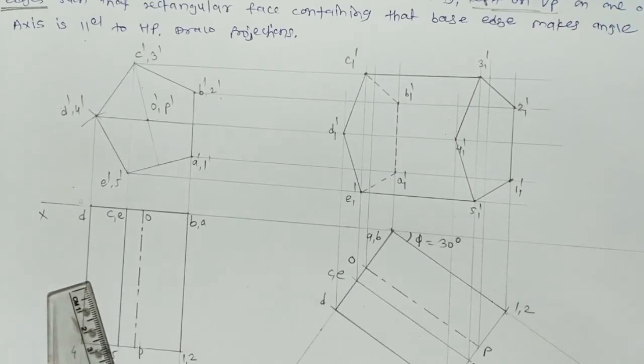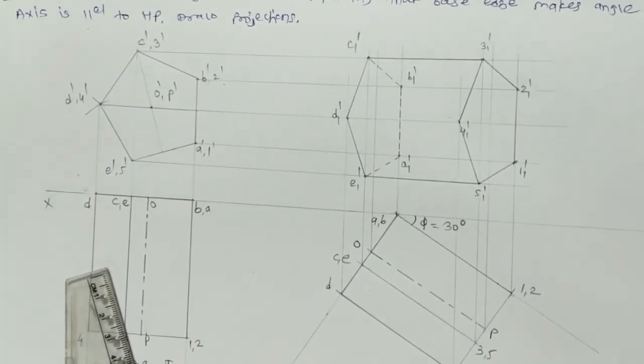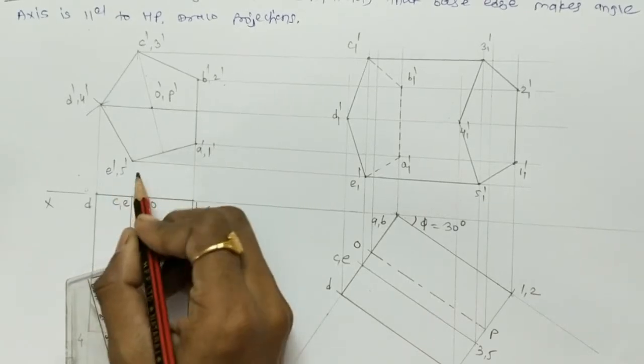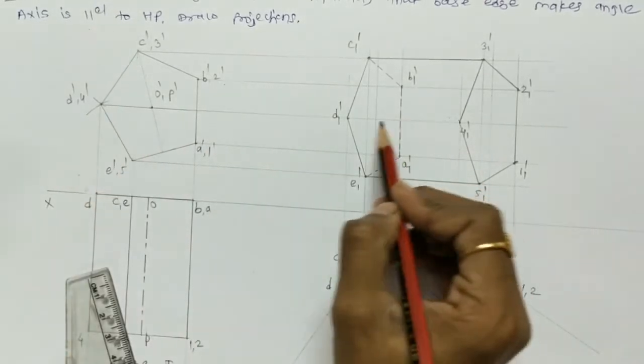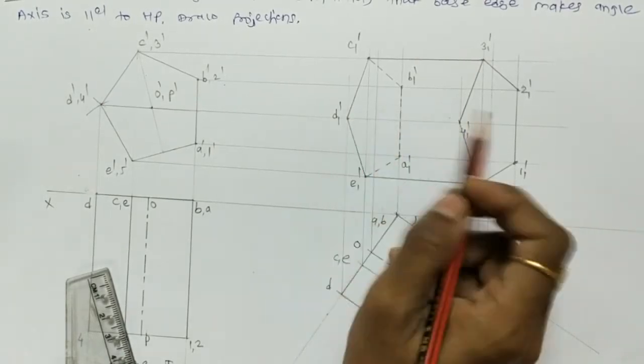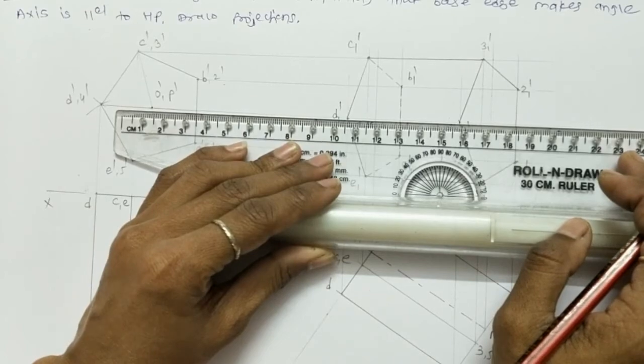Now see here in front view which points are joined. So E5, already it is joined. Then D4, so for this draw D4.